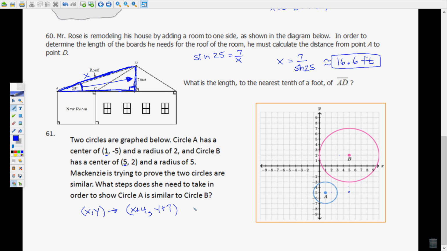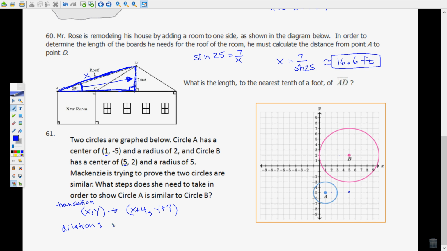So this is the translation that would map the center for A to the center for B. Then to find what dilation it would take: for a dilation or a scale factor, you always want to put the image over the pre-image.